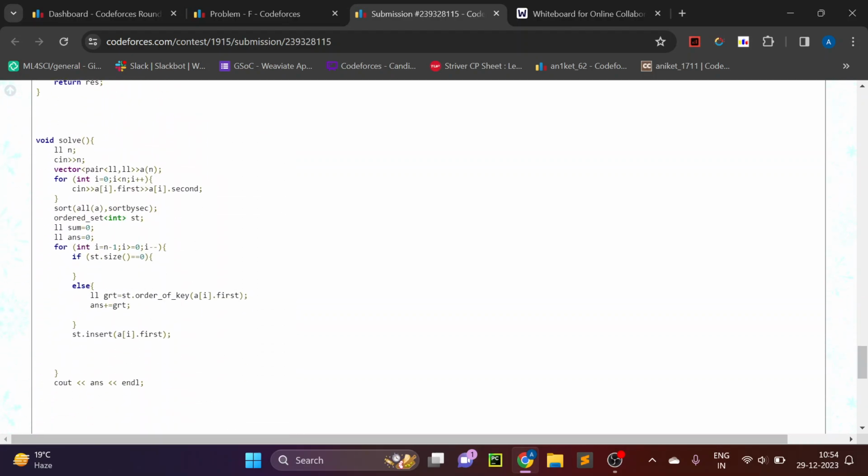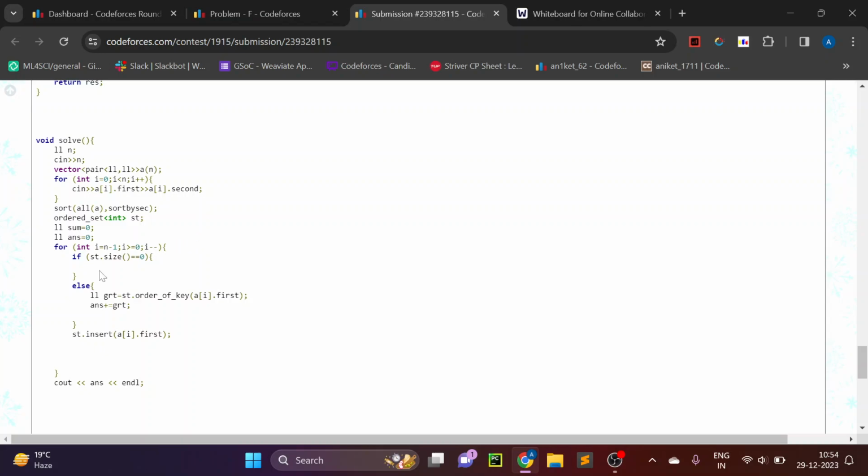And if I'm iterating from n minus 1 to 0, if st dot size equal to 0, then there are no options. For the last element there is no option, where the last person is standing at the end, and all the other persons who are greeting him are traveling.